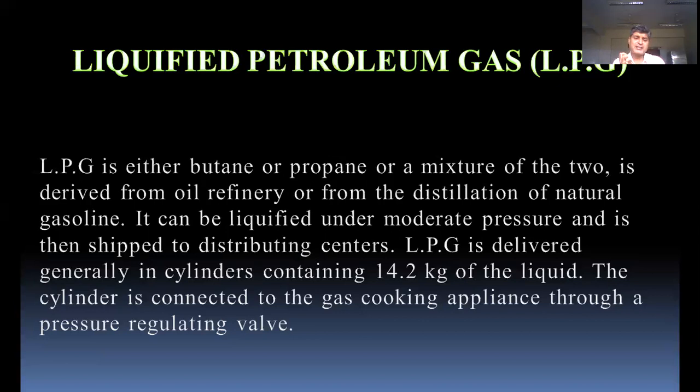Propane 60%, butane 40%. The important point to keep in mind here is that depending on the season, in winter propane is more, in summer butane is more. But it is always in the ratio of 60 and 40.